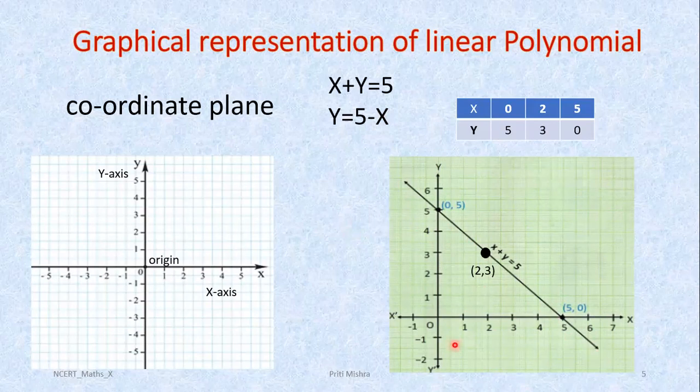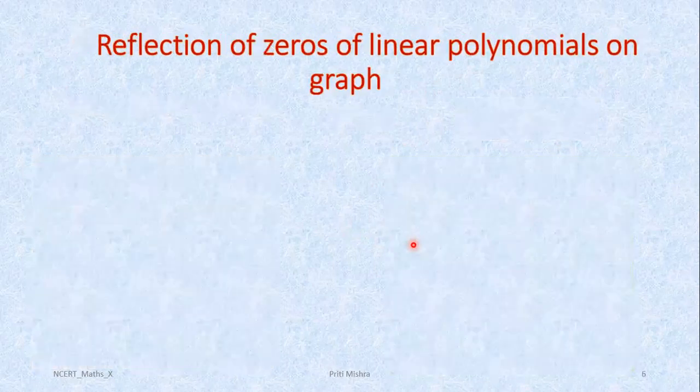So just by doing such calculations and by plotting these points on the graph paper, after joining these points, you will get the graph of a linear polynomial. Now let's find out what kind of reflection of zeros of linear polynomials on graph paper we can have.